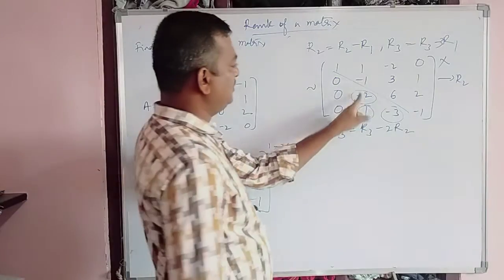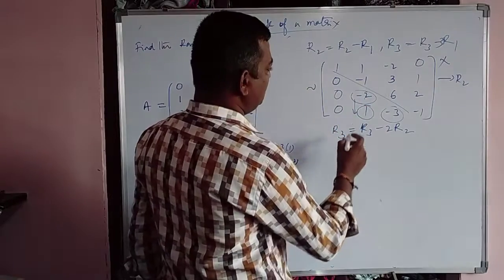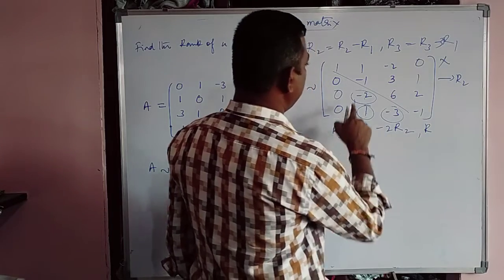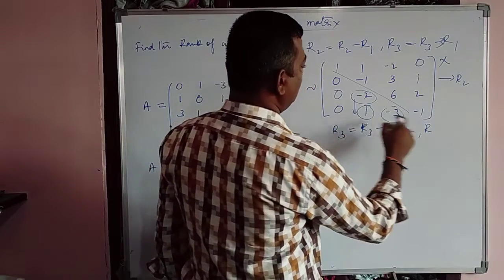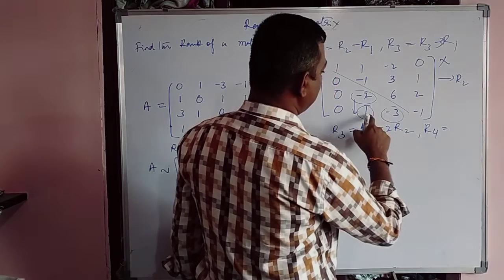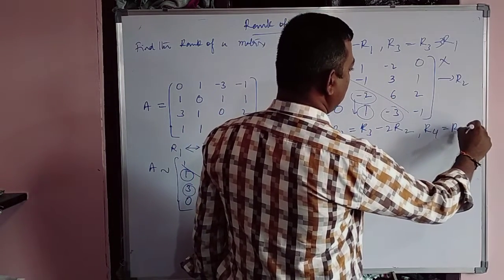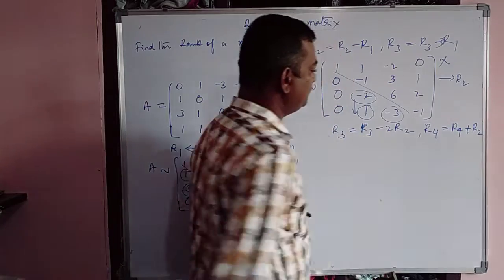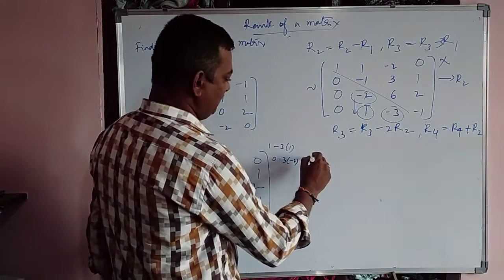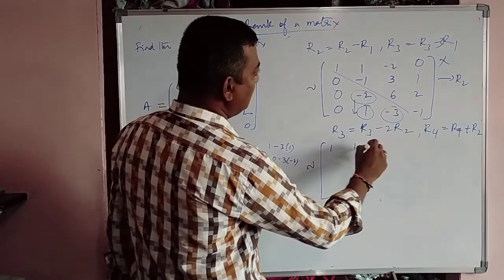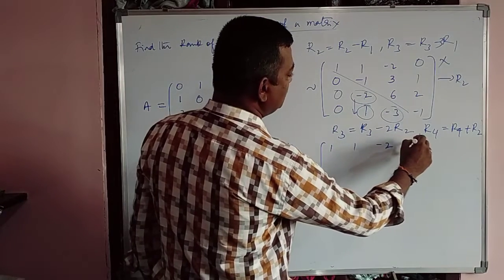It's already negative, so negative into negative will become positive. So for R4, R4 is equal to R4 plus R2, then this will become 0. Now it is equivalent to 1, 1, minus 2, 0.